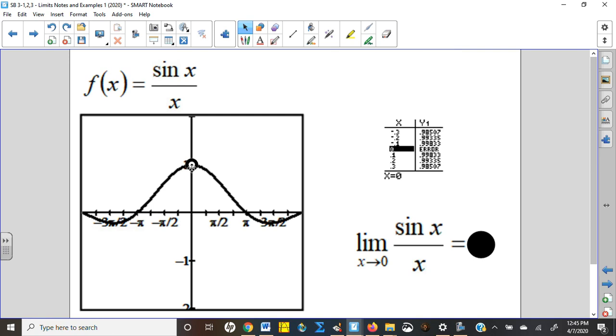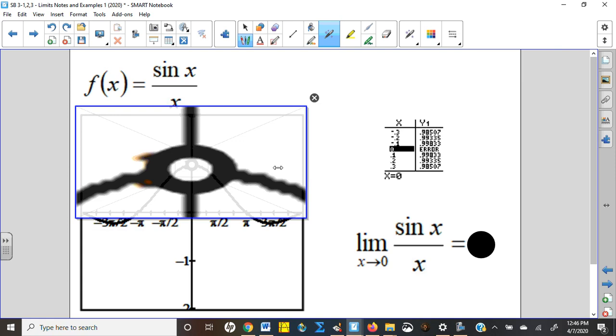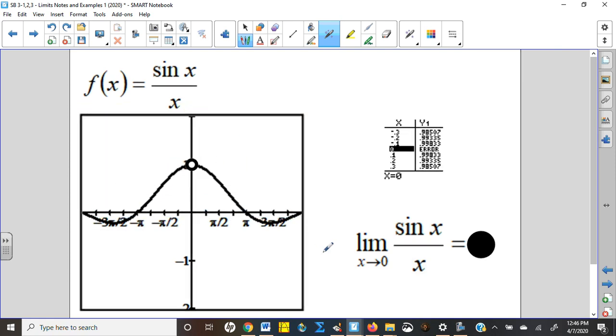And although there's no doubt that I have a hole right here, without question, at x equals 0, I have a hole at the point (0, 1). The limit does not care about what's there. The limit cares about what we're approaching.